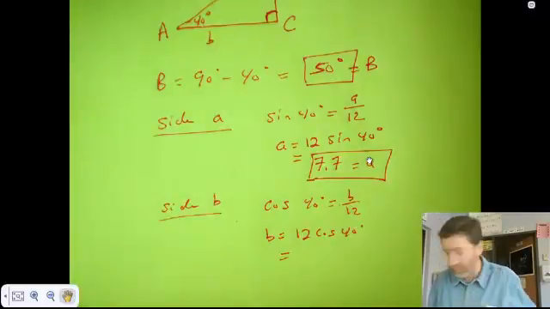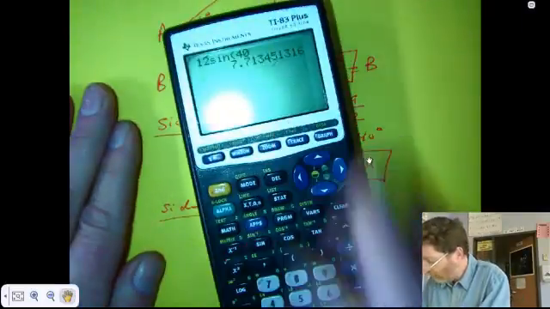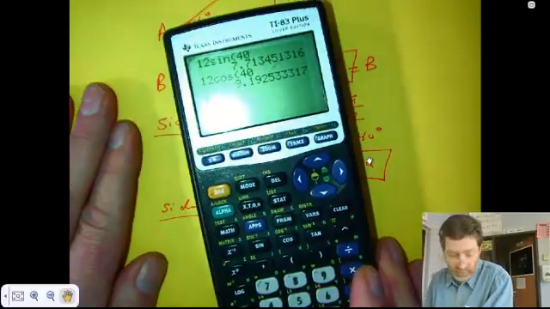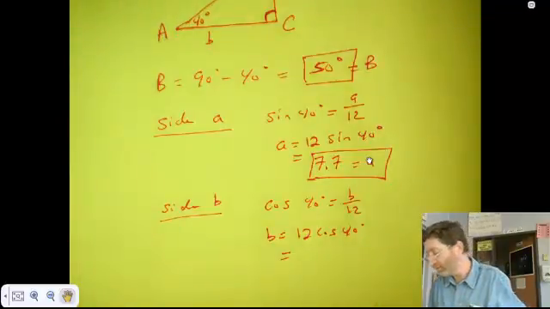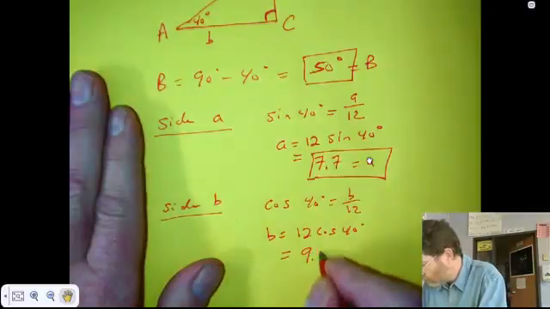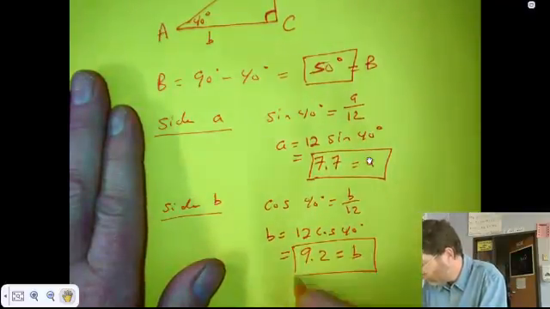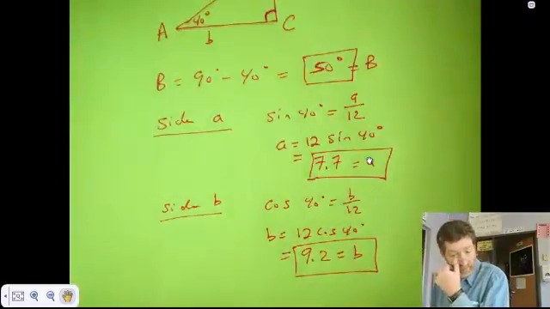And if I multiply it out, 12 cosine 40 is 9 point something. So again, two significant digits, 9.2. And that is equal to, we said, B. So we have B, and then we found the three things it's looking for. Okay?